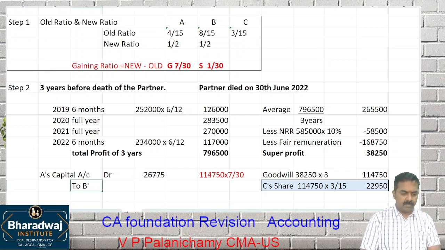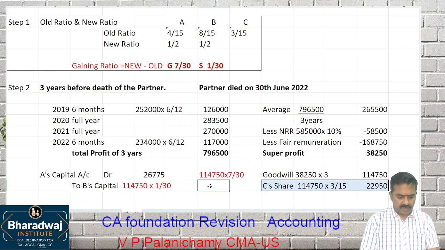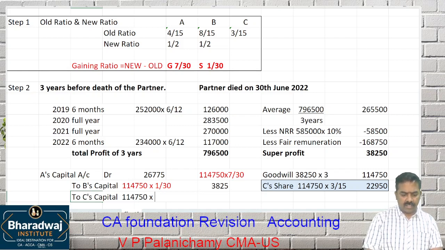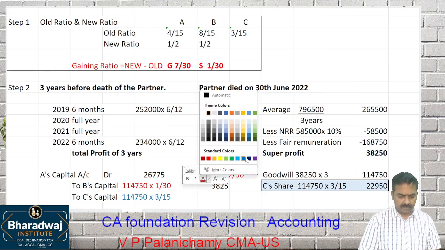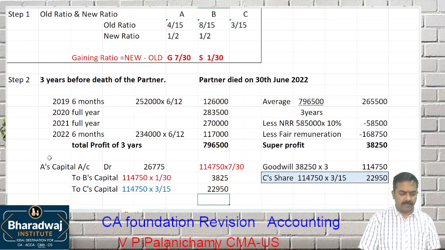To B's capital account: 1,14,750 into gaining 1 by 30, 3,825. To C's capital, sacrificing: 1,14,750 into 3 by 15, 22,950. And the entry will also tally.